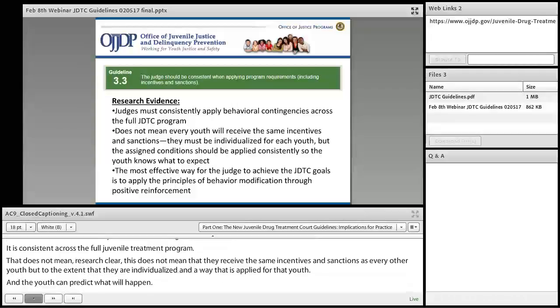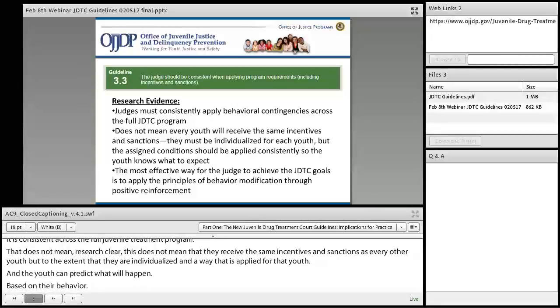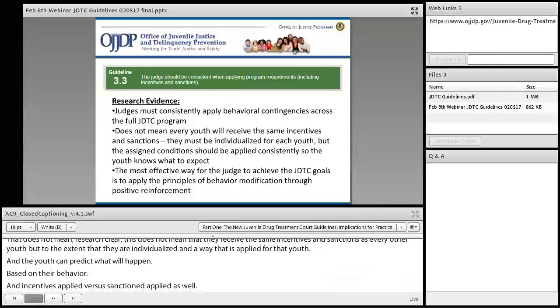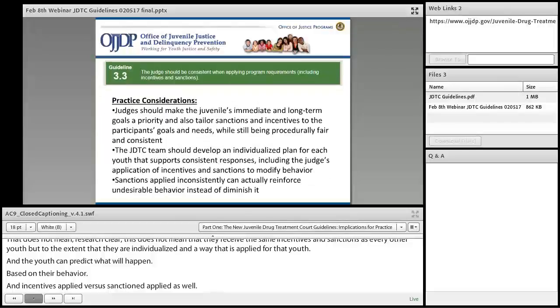And the evidence is clear that we get better outcomes in the Juvenile Drug Treatment Court process when judges are using positive reinforcement, and that's part of the way they're applying the incentives and sanctions.